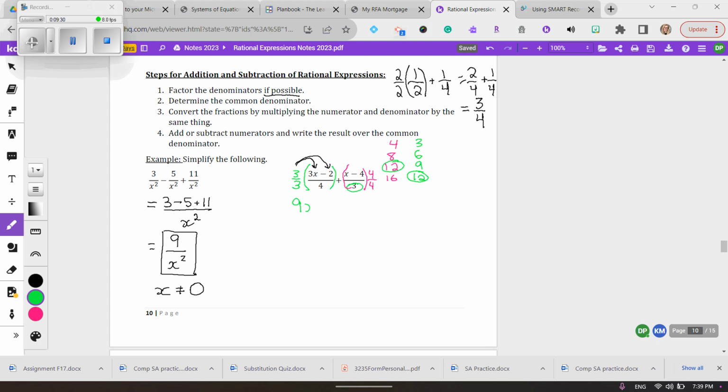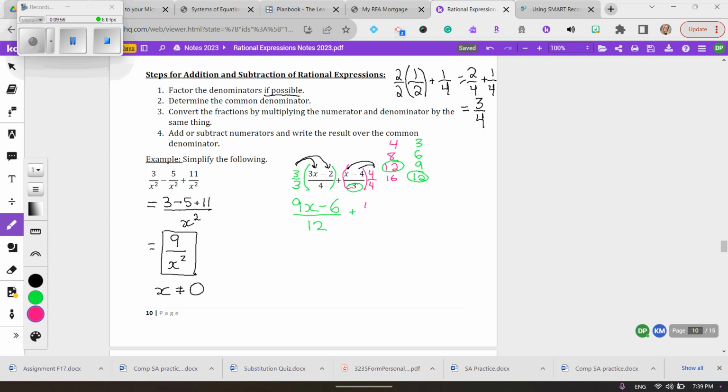So I get 3 times 3x is 9x. 3 times negative 2 is negative 6 over top of 12 for my first fraction. And for my second fraction, we're distributing backwards here. So I'm going to multiply x by 4 and 4 by negative 4.